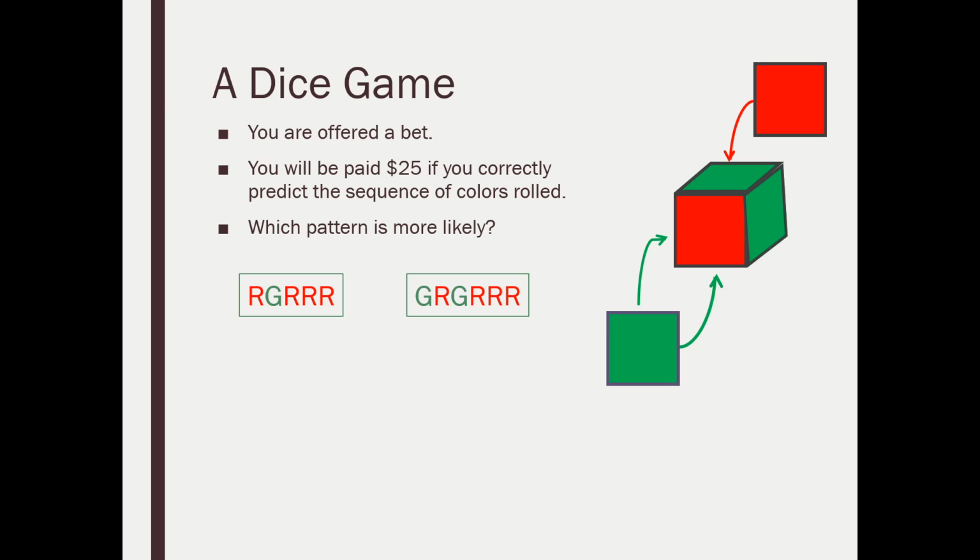We're sort of thinking probabilistically here, right? If we have 2 reds and 4 greens on the die, we would come up with a green twice as often as we would come up with a red, especially over the long run. If we rolled this die 100 times, we would expect 2/6 of the time, or 1/3 of the time, it would come out red, and 4/6, or 2/3 of the time, it would come out green.